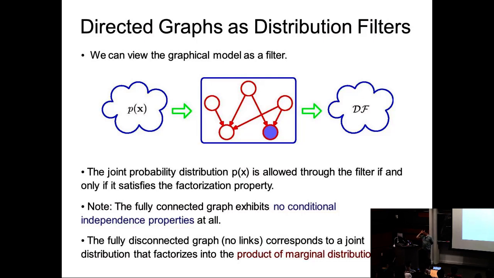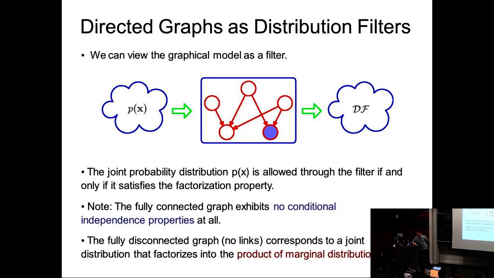So directed graphs can be thought of as distribution filters. You can really think of them as you have some data, you pass it through the filter, so you have some distribution, you pass it through the filter and you get this sort of, only distributions that respect these conditional independence properties get passed through the filter. If it satisfies the factorization property, right?